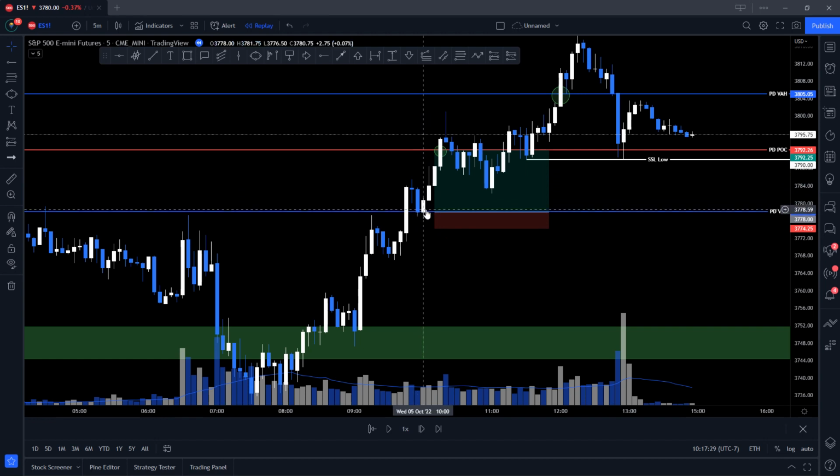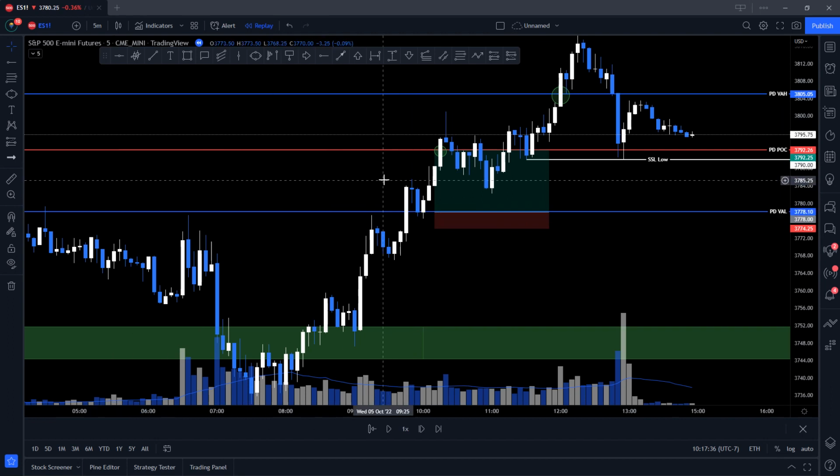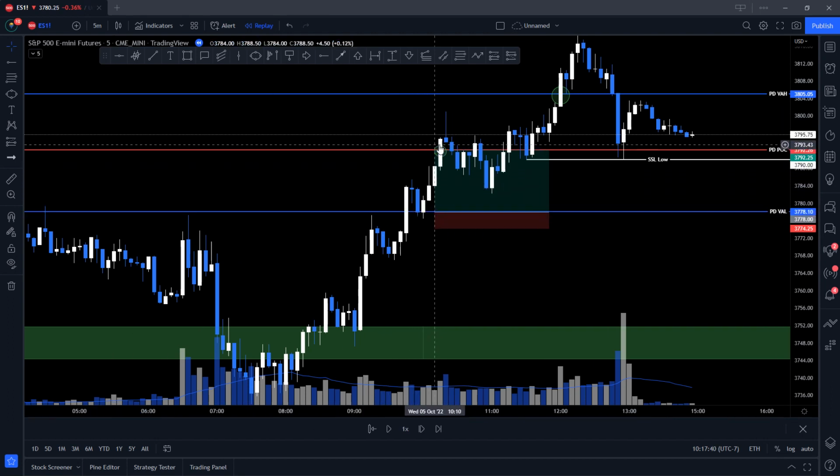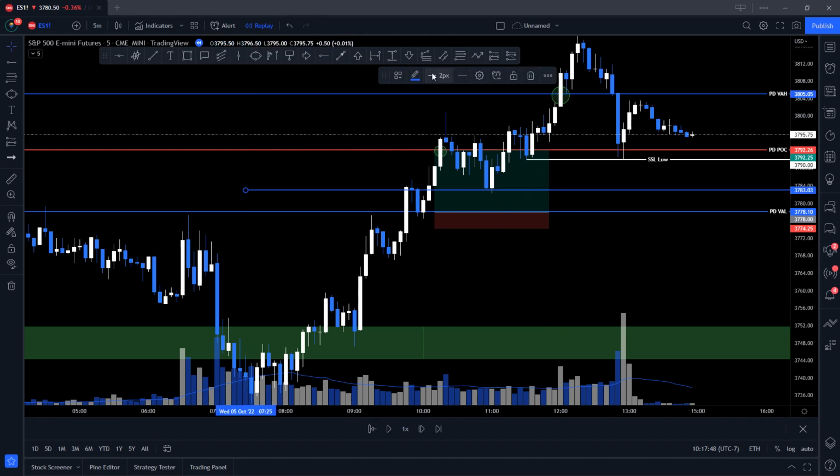What you do is once you enter your calls here, let's say, for instance, you take 2 calls on SPY. When you enter here, your first profit target is going to be the previous day POC. And just to be clear, if the previous day POC is here, you're not going to take the trade.